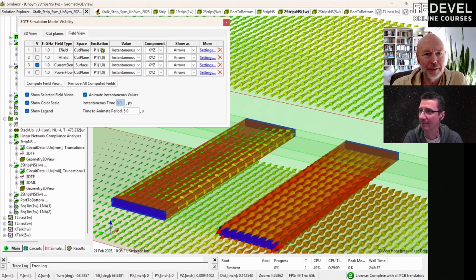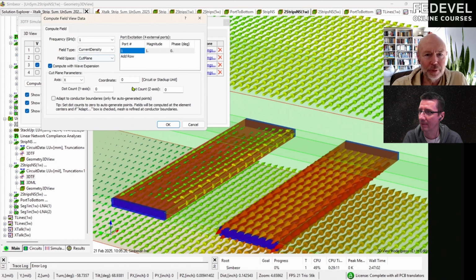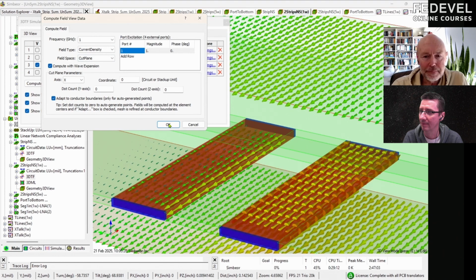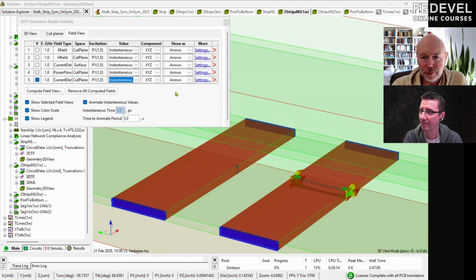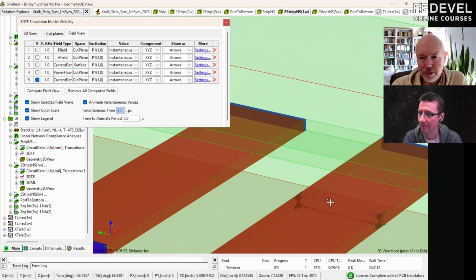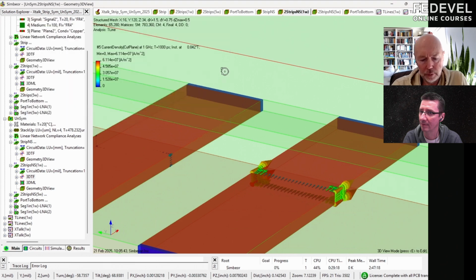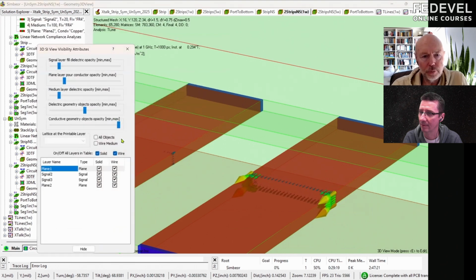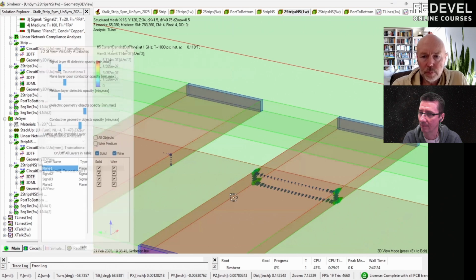Just computing current density adapt to conductors and take a look at instantaneous values here. You can see again, and I will adjust a little bit the transparency of conductors to make it more visible.